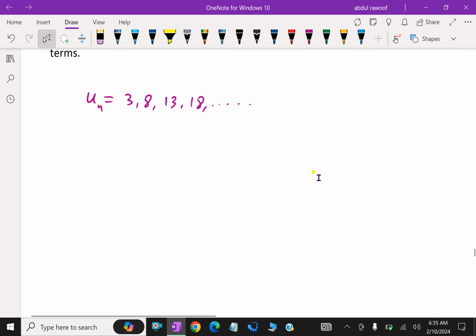In this pattern, we can continue the sequence by using the nth term. Suppose the first term is 3. Now the nth term we can say un is the first term plus the common difference times n minus 1.